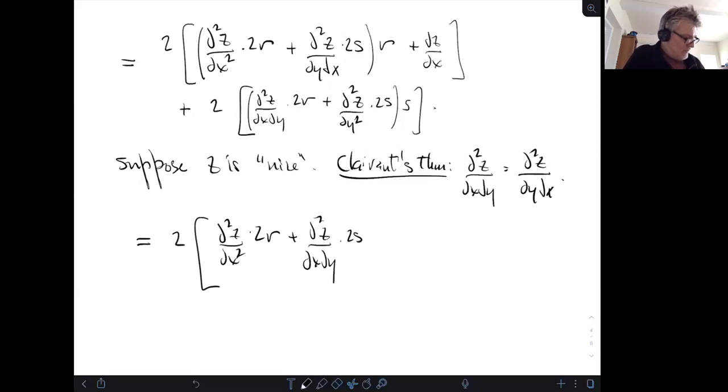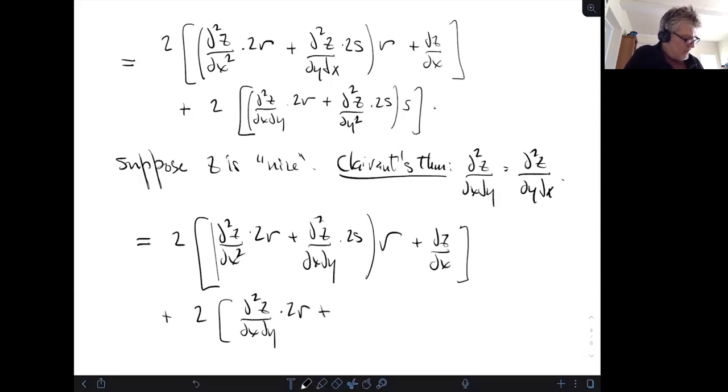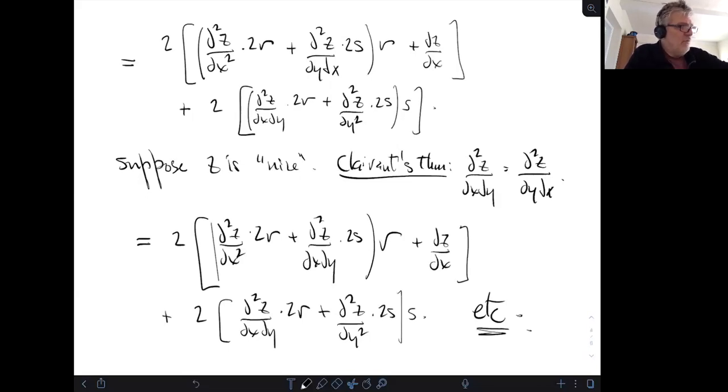All of this is multiplied by r plus del z, del x plus 2 times del 2z, del x, del y times 2r plus del 2z, del y2 times 2s, and all of this is multiplied by s. I won't finish it up. It's in the notes that I put later on, but that's the only thing that you can add here in this example that's of interest. Okay, so hopefully that works for you guys.